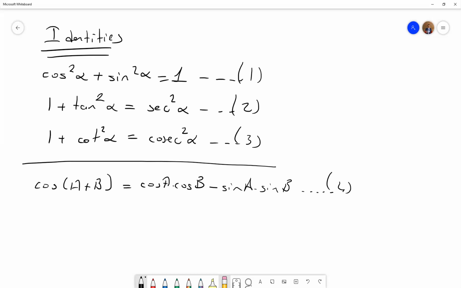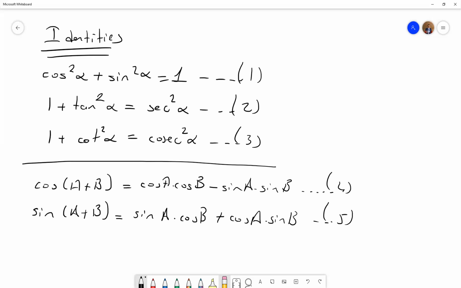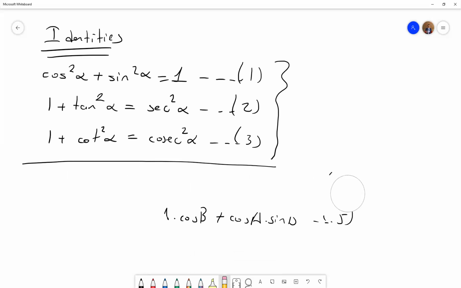And sine A plus B is equal to sine A cosine B plus cosine A sine B. And this is the fifth one. And now let's show these three identities, so we may continue with proving these.